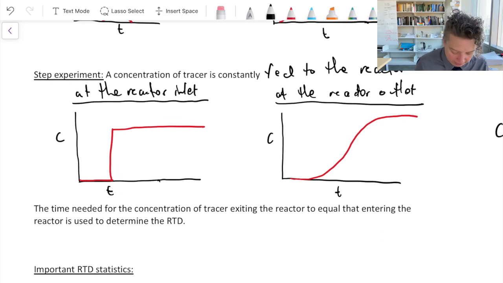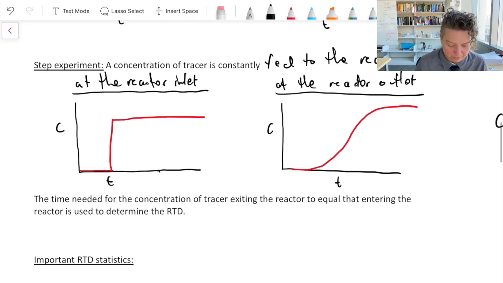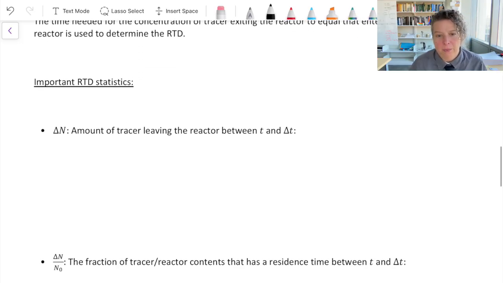Okay, so the time needed for the concentration of tracer to exit the reactor and equal that entered, so basically the amount of time it takes for me to collect all the tracer that entered, is what helps us determine the residence time distribution. So some important quantities: delta n, that's the amount of tracer leaving the reactor between time t and time t plus delta t.